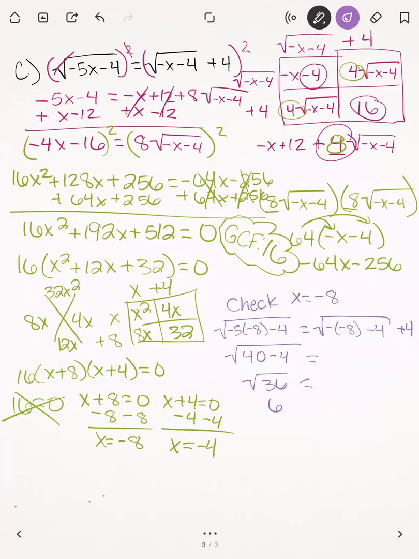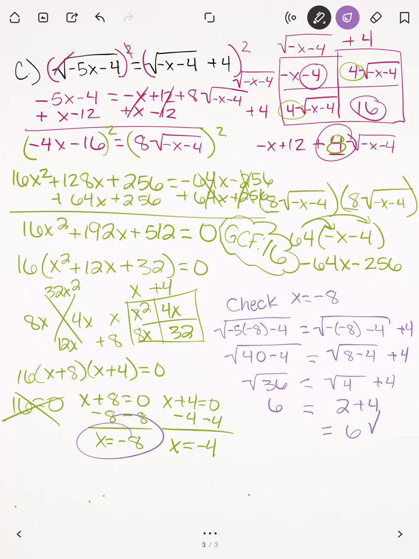Let's check the other side, see if it equals that. Two negatives make a positive, which gives me a positive 8 minus 4 plus 4 here. 8 minus 4 is 4, plus 4. Square root of 4 is 2, plus 4 gives me 6, and 6 equals 6. So yes, that answer works.